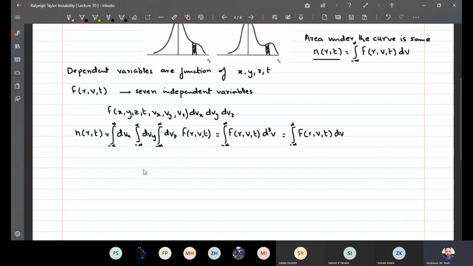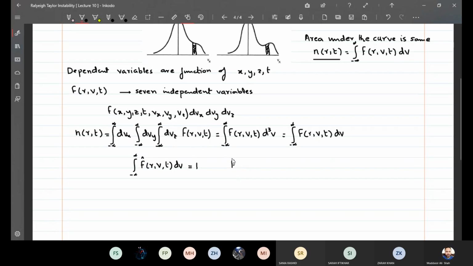So if f is normalized, it means minus infinity to infinity f of r, v, t dv equals 1. So that means my function is normalized, and we denote it with the cap.